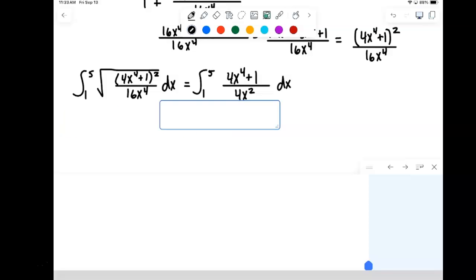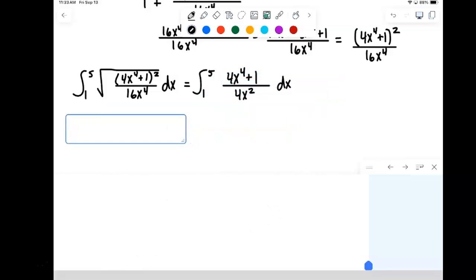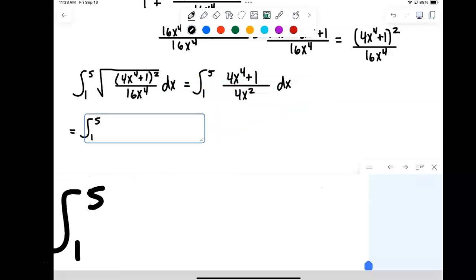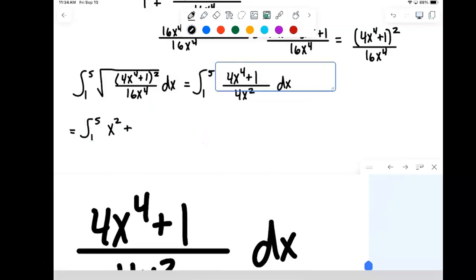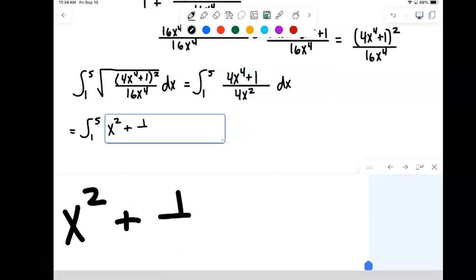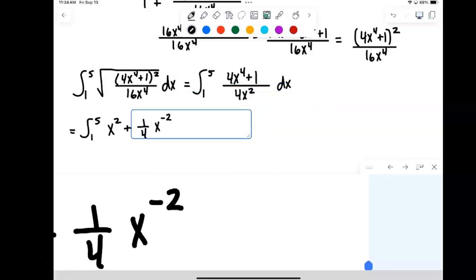Because we can now divide both top and bottom by the 4x squared and get the integral from 1 to 5 of 4x to the 4th over 4x squared, which will just be x squared, plus 1 over 4x squared, which will be 1/4, and then having an x squared in the bottom is the same as an x to the minus 2nd, dx.